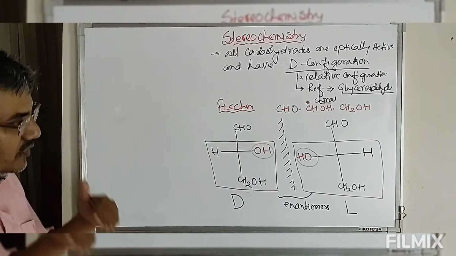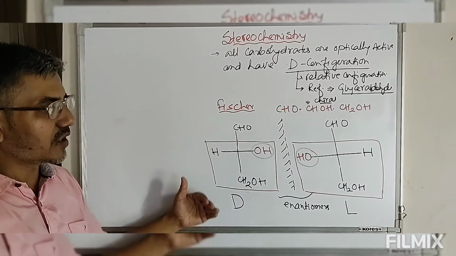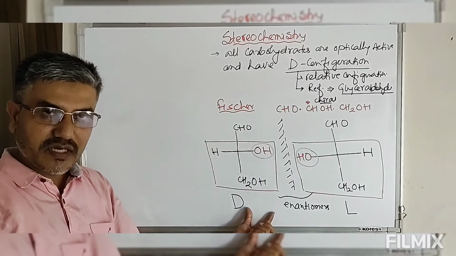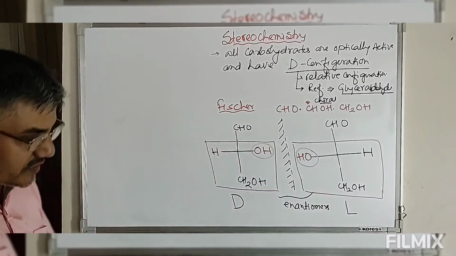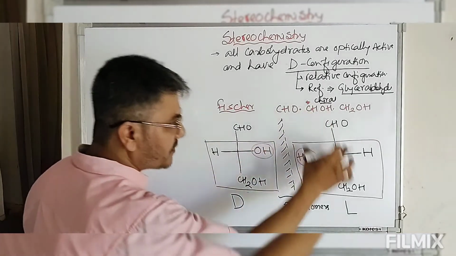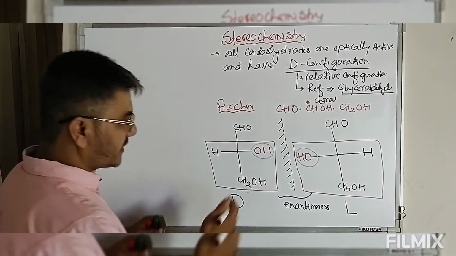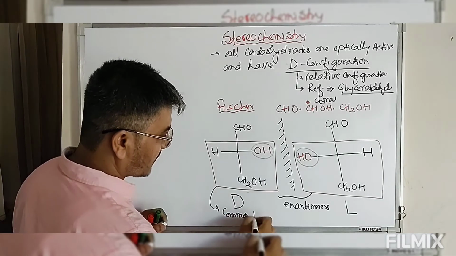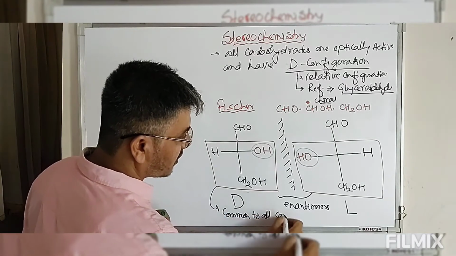So now we are going to check the configuration of those carbohydrates against the configuration of this glyceraldehyde. This particular group, the one placed in red color, is common to all carbohydrates.